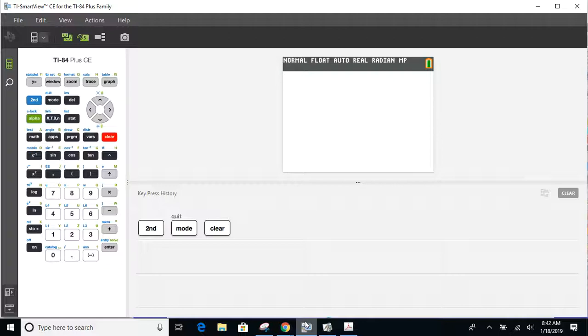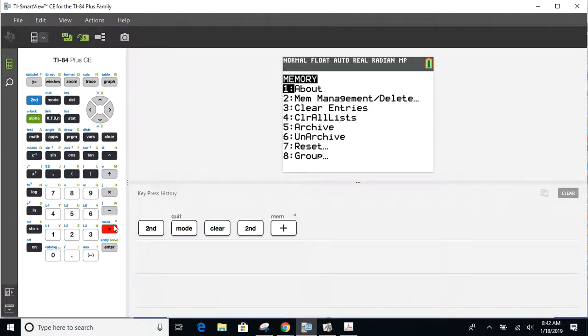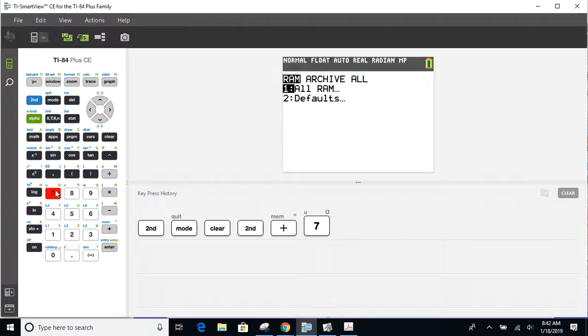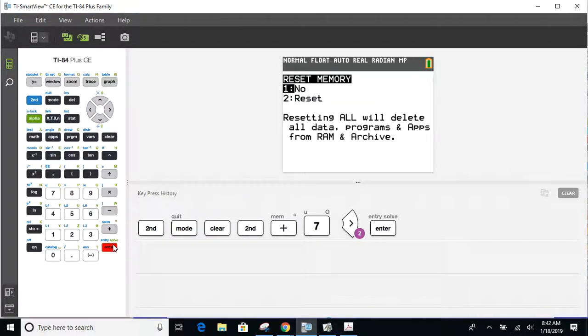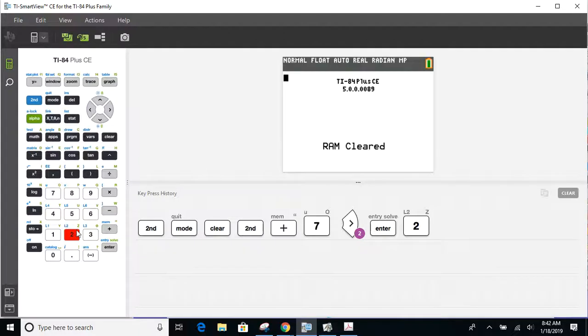Second plus, 7, reset. Go over to all, scroll over to the right to all memory, and reset it. And again, you either have RAM cleared or MEM cleared. Please keep that screen up until I hustle down the aisle looking at your calculator screen. All right. Please don't make me stop, please.